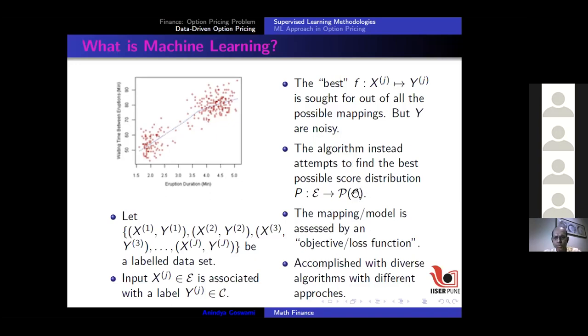There could be various different ways to implement these algorithms, with different approaches available in many different packages, and people keep on improving this search. So that is all about machine learning.